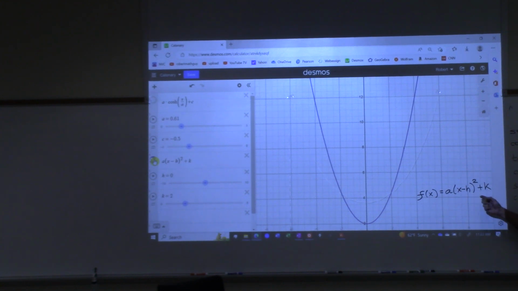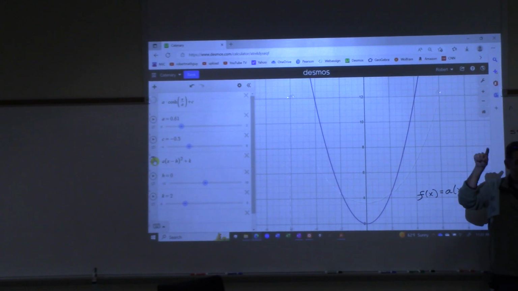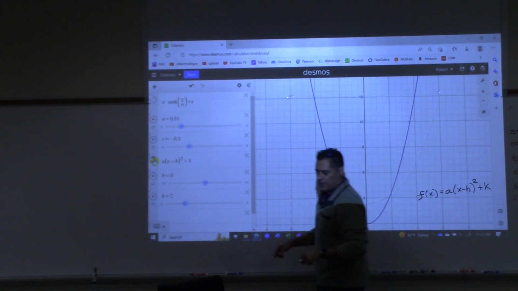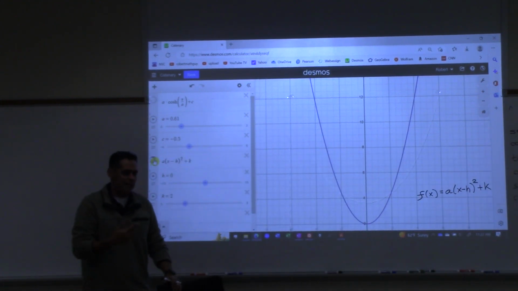In Desmos, I'm able to adjust a, h, and k. h and k dictate where the vertex is, and a dictates the shape. I'm going to see if I can manipulate a, h, and k to get that parabola to line up with the curve. And that would sort of convince me that, yeah, this is a parabola.